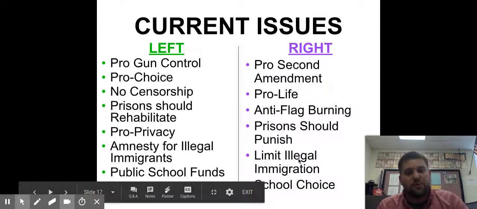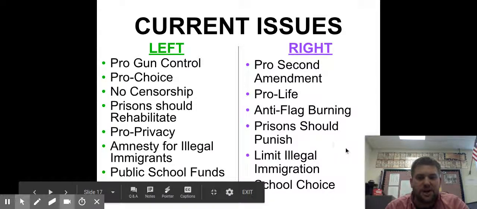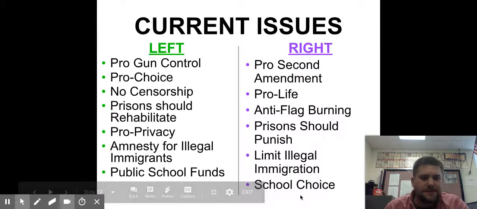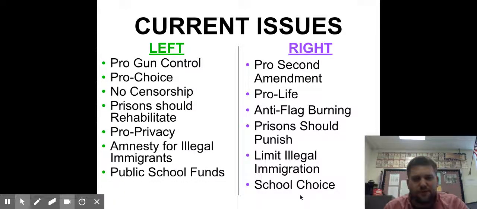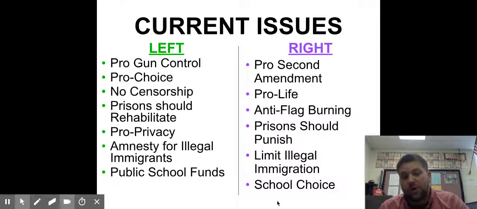And most likely, if there were illegal immigrants here in the United States, they would be more for deportation of those immigrants. And they believe that our borders should be more closed down. And when it comes to school issues, they say the issue isn't necessarily in the funds, it's with how schools use the funds. So they want to give individuals the choice to go to different schools. For example, if you don't like Stock Prairie, you would be welcome to open enroll at Baraboo.